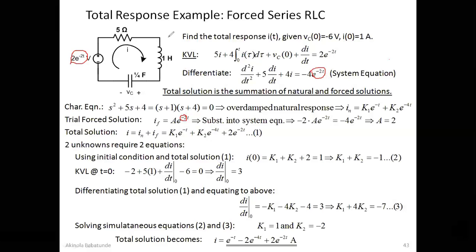So that's our trial particular solution. If you substitute this into the system equation, what would you have? You have d squared i over dt squared. If i is A e^(-2t) and you put that here, what would we have? It becomes minus.